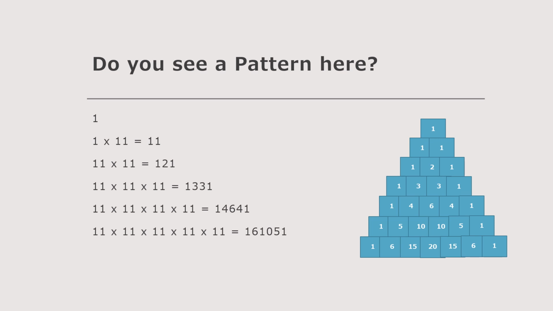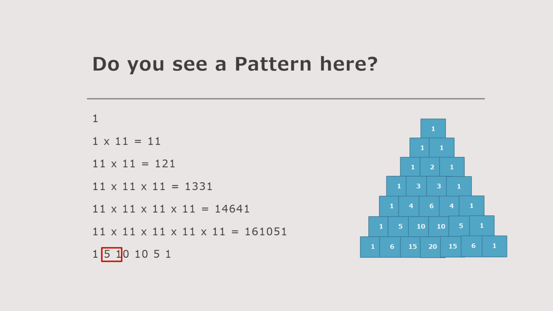Another 11, 161051. But we know that this is how the numbers appear on the triangle. It is actually 1, 5, 10, 10, 5, 1. So how are we getting 161051? All you have to do is shift the numbers and add them.